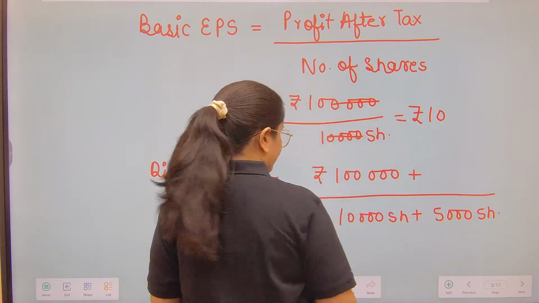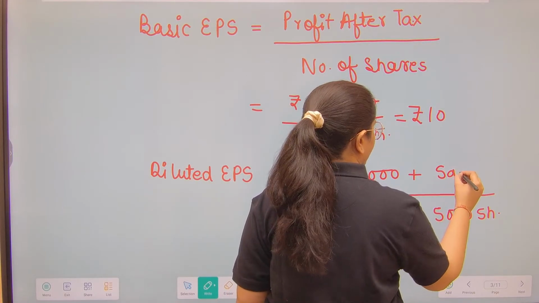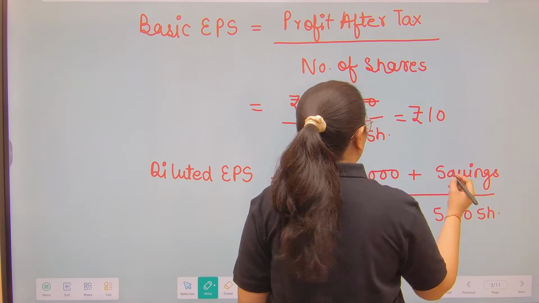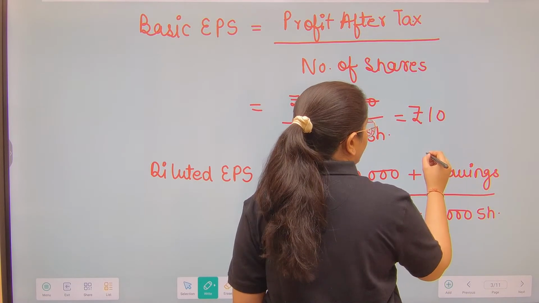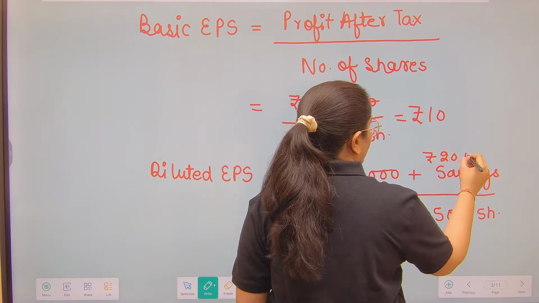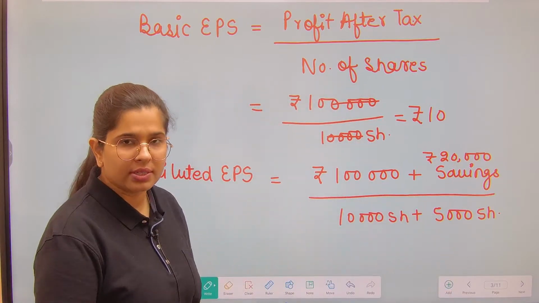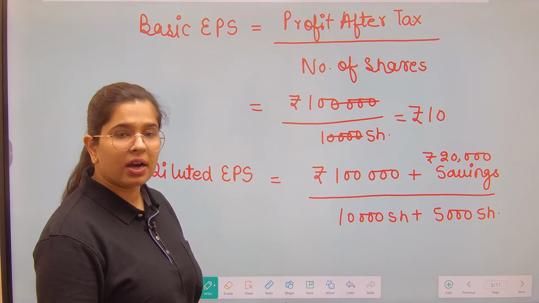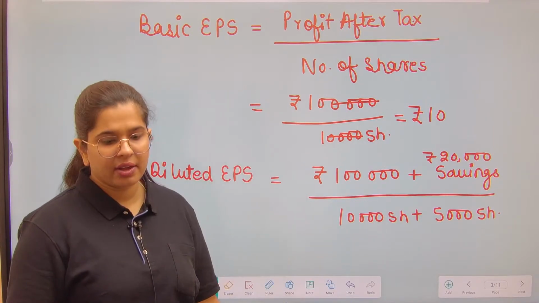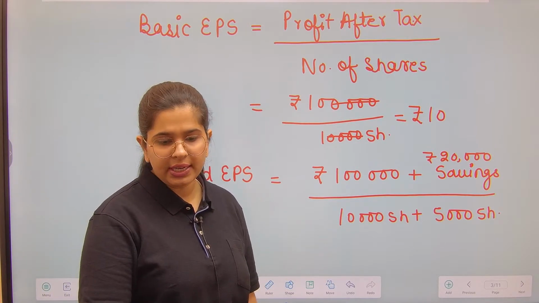Let's not make it technical, just write that you will be having savings here. You will not have to pay a certain amount in the form of interest to the debenture holders. So some amount of savings will occur to you. So 1,20,000 divided by 15,000. This will be your diluted EPS.